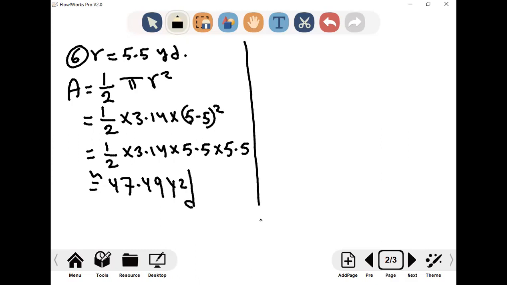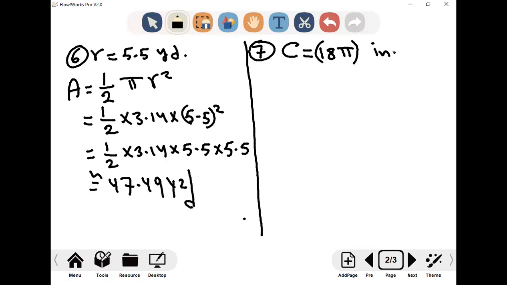So in question 7, the circumference given is 18 pi inches.